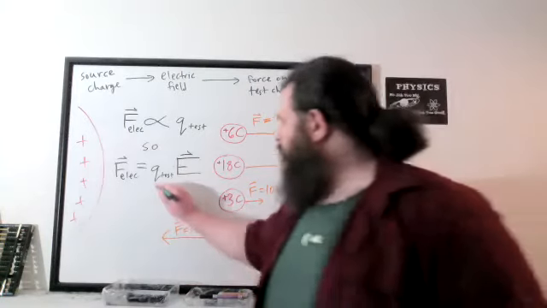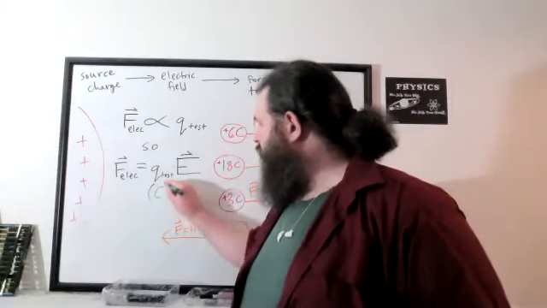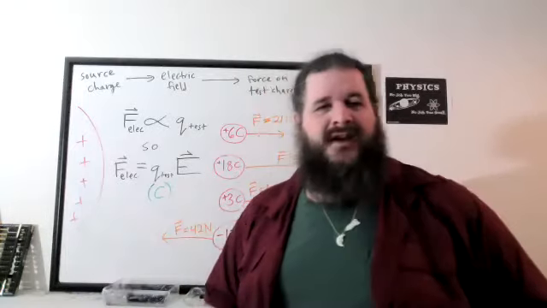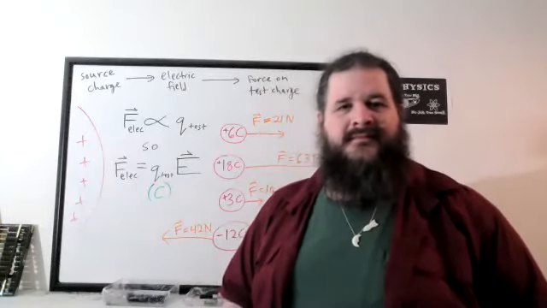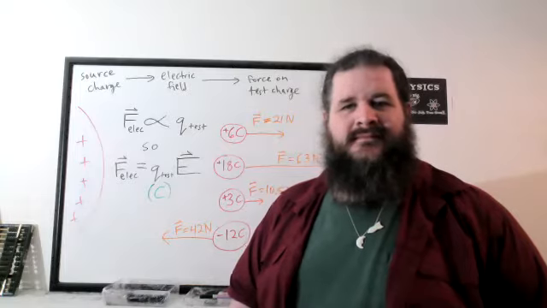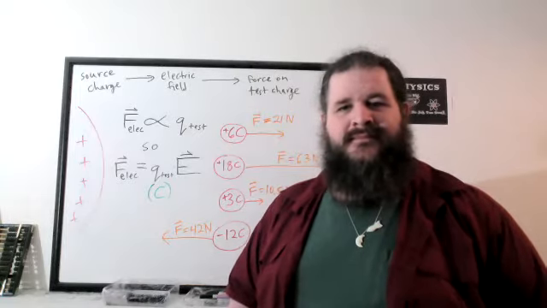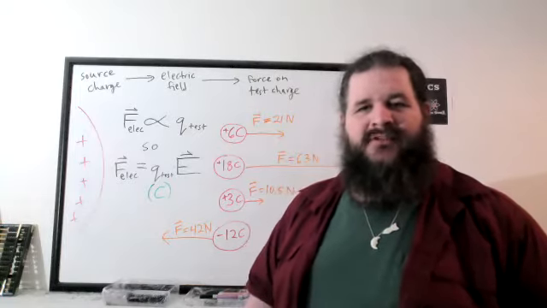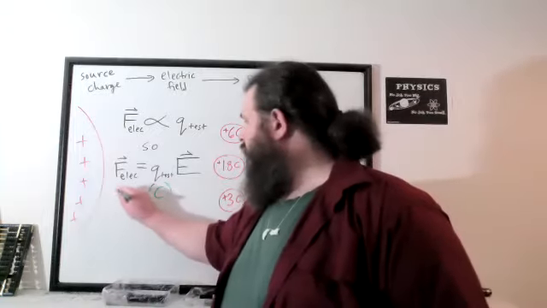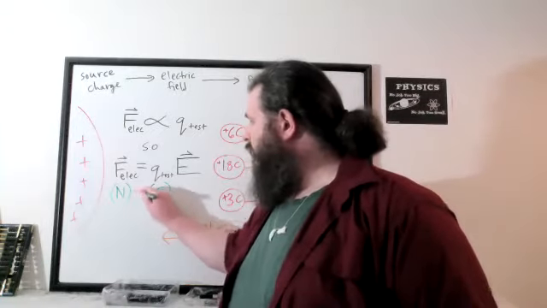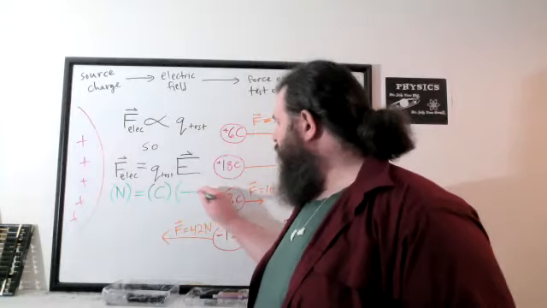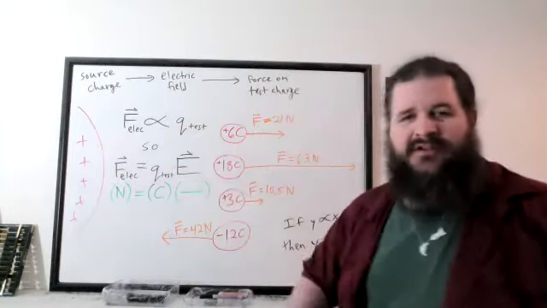Coulombs. Yeah, charge is typically measured in coulombs, and force is going to be measured in what's our usual unit of measurement? Yeah, newtons. Newtons is our usual unit of measurement for force. So in order for this to match up, what does electric field have to be measured in?